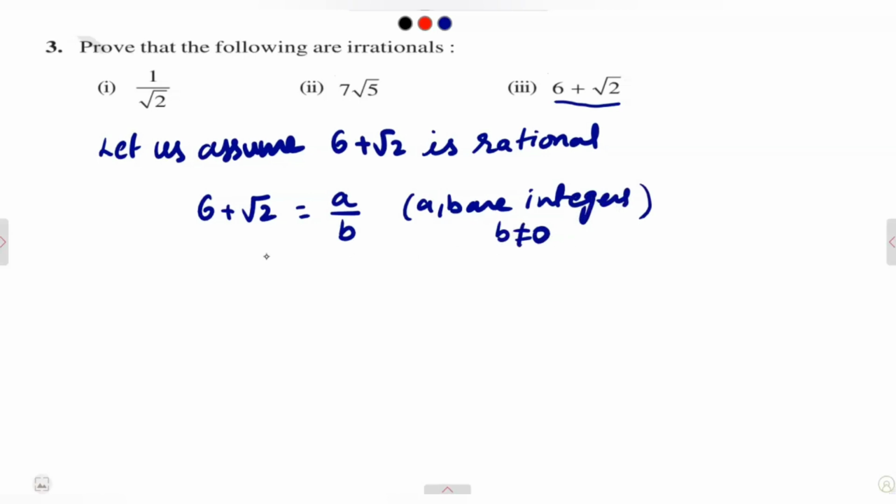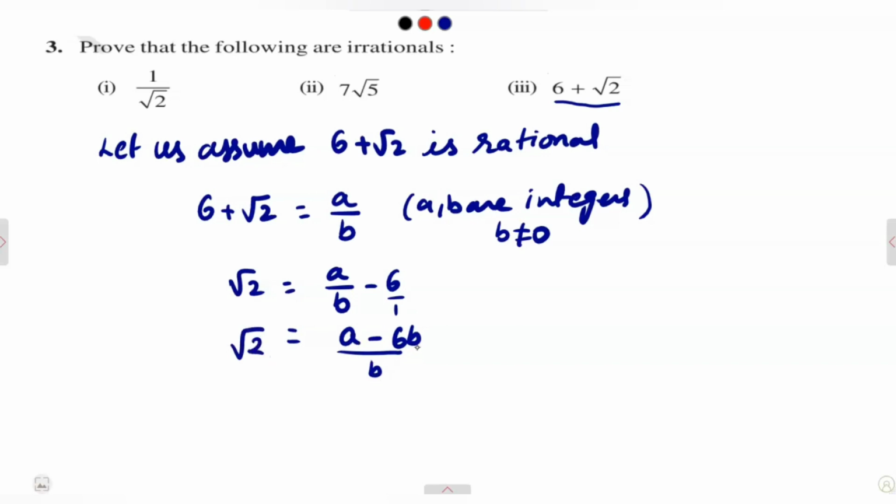Now 6 plus root 2 is equal to a by b. So root 2 is equal to, sending 6 to the other side, a by b minus 6. Taking LCM, 6 by 1, b and 1 LCM is b. So you will get a minus 6b by b is equal to root 2.